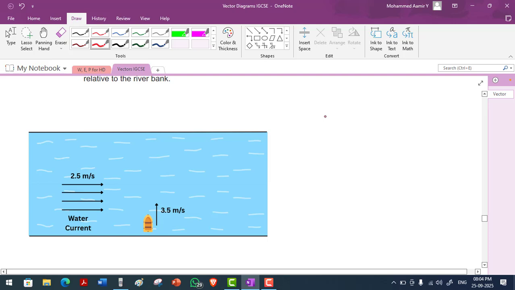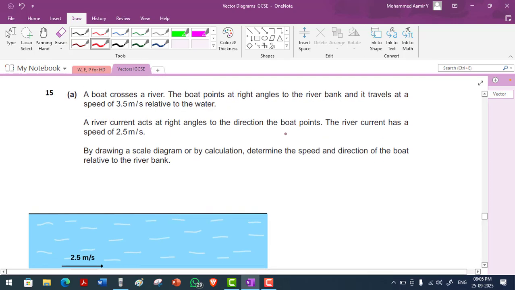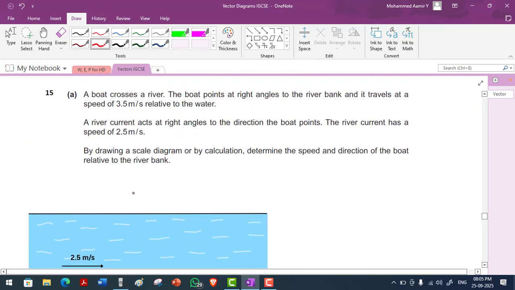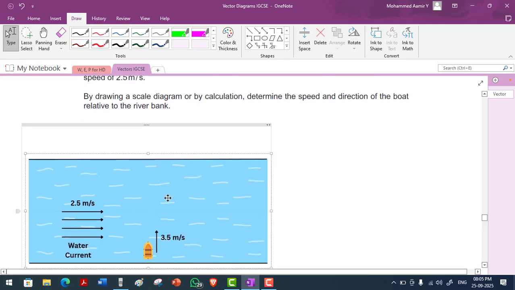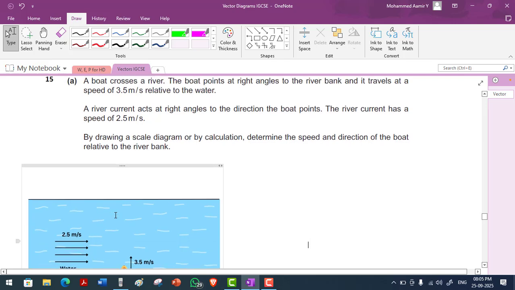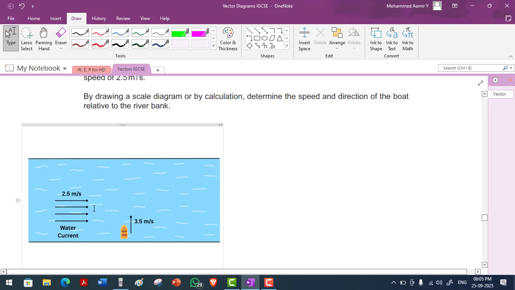Okay, next question. There is a boat that crosses a river. Anyway, the boat is going up between two river banks, and the water current is hitting like that.